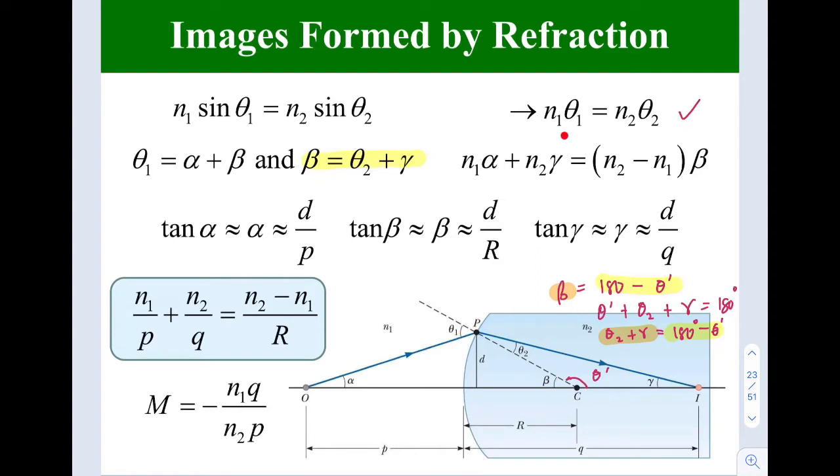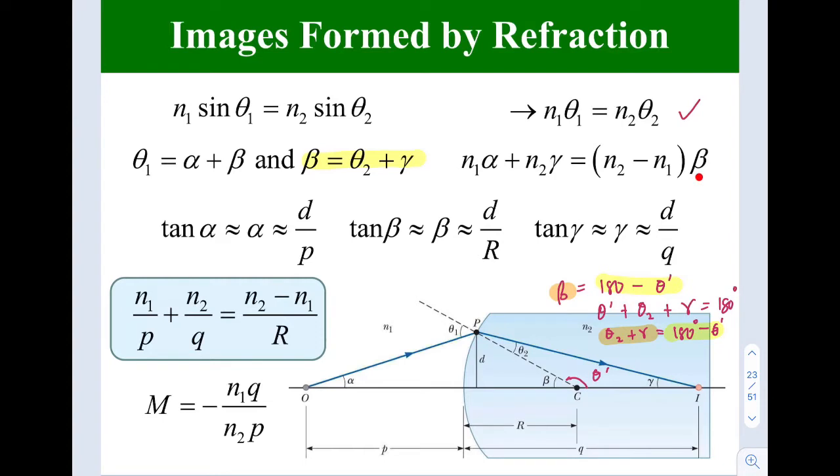So now we have N1 times alpha plus beta, plus N2 theta 2, where theta 2 is beta minus gamma. Combining these two pieces of information, you will have N2 minus N1 times beta.